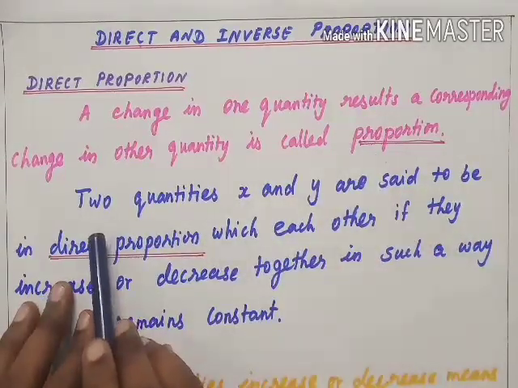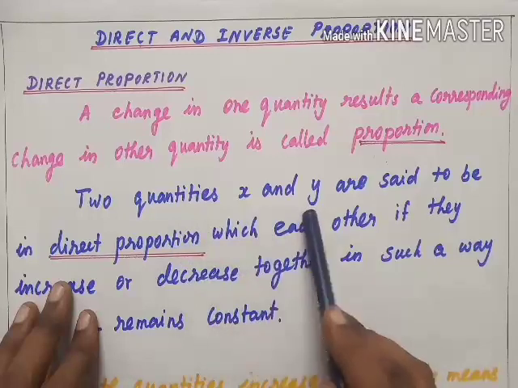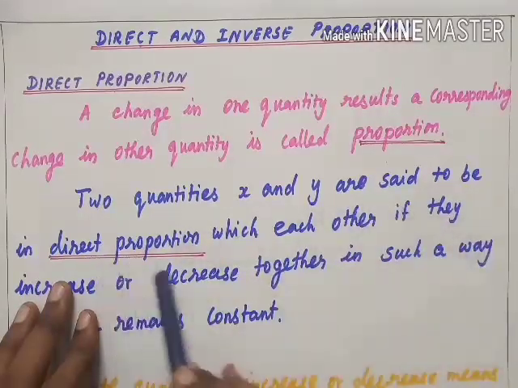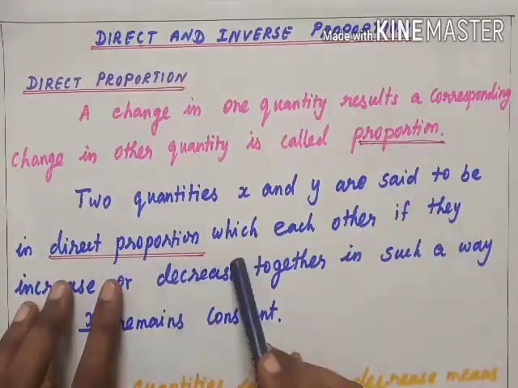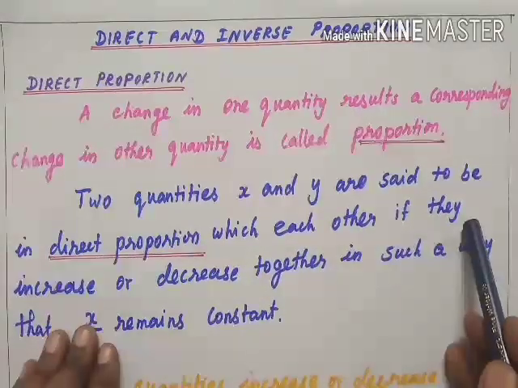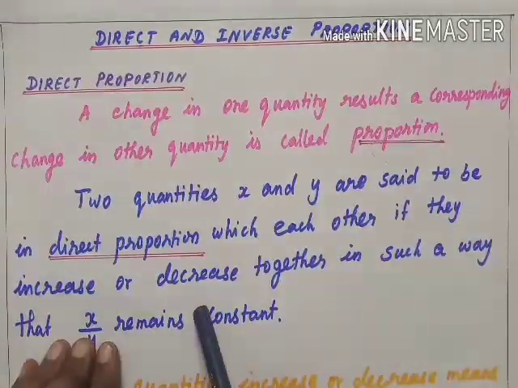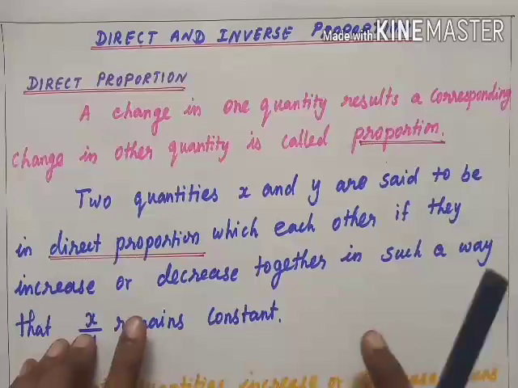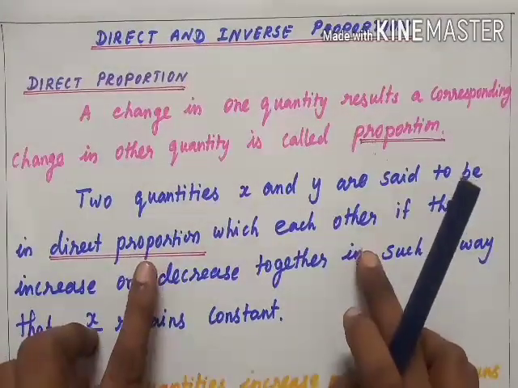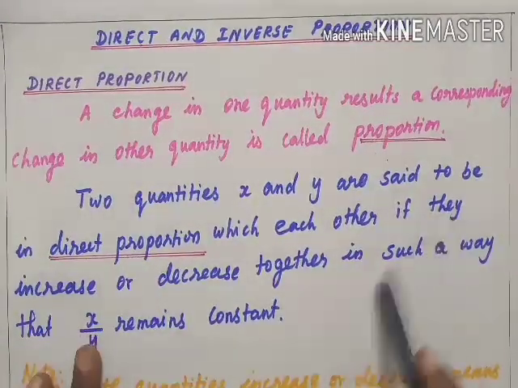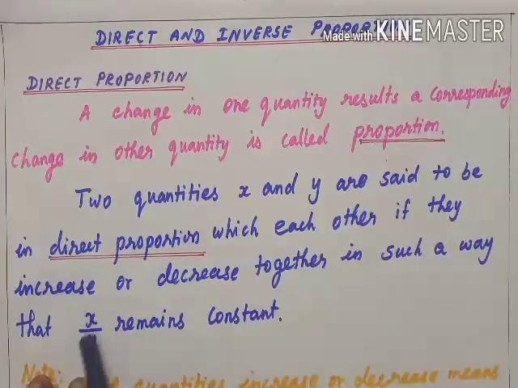In this case, the two quantities x and y are said to be in direct proportion with each other if they increase or decrease together, in such a way that x by y remains constant.